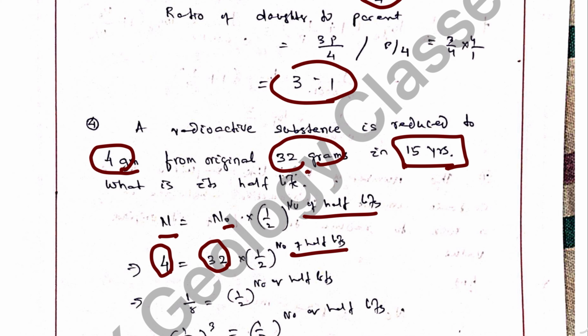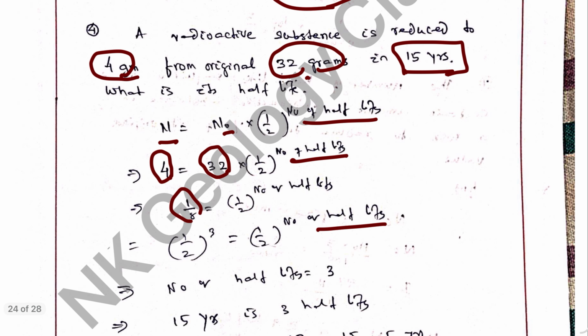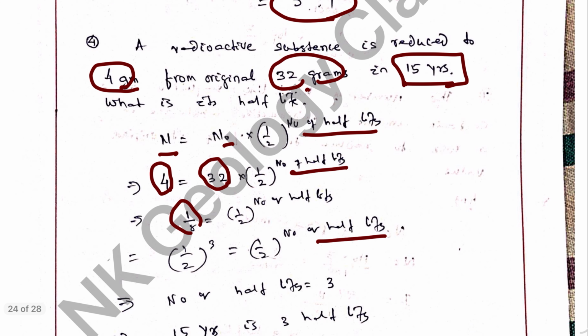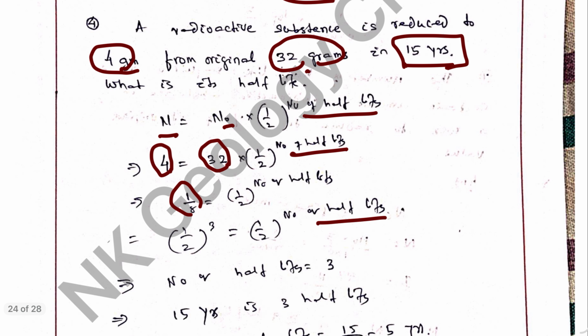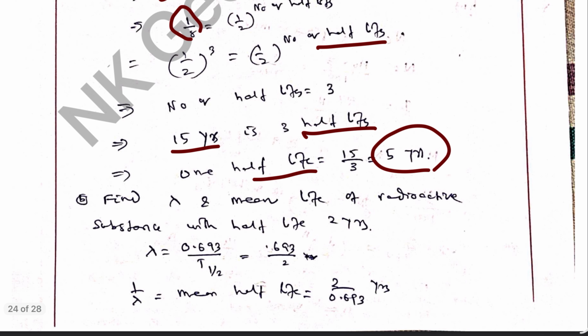So 4 by 32 becomes 1 by 8, which is equal to half to the power number of half-lives, or 1 by 8 is equal to 1 by 2 to the power 3. So number of half-lives is equal to 3. But total time period is 15 years. So 3 half-lives have taken 15 years time. So 1 half-life will be 5 years.